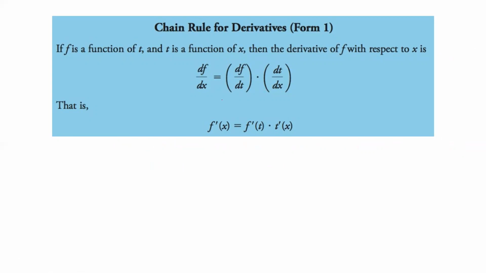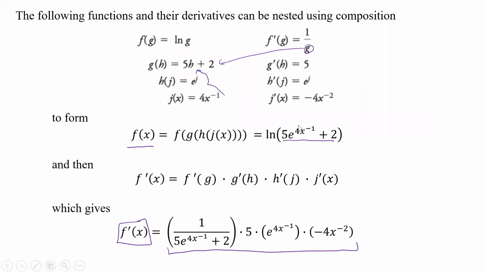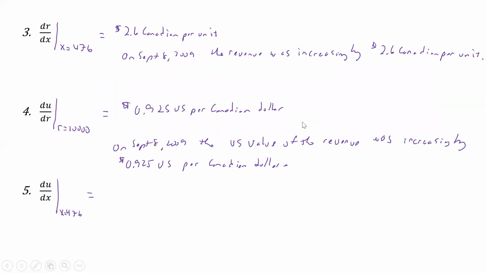We're now using not only dU/dR and dR/dx, and dU/dx is over here. So we want to find the derivative by taking one derivative times the other one, and that should give us the overall derivative.